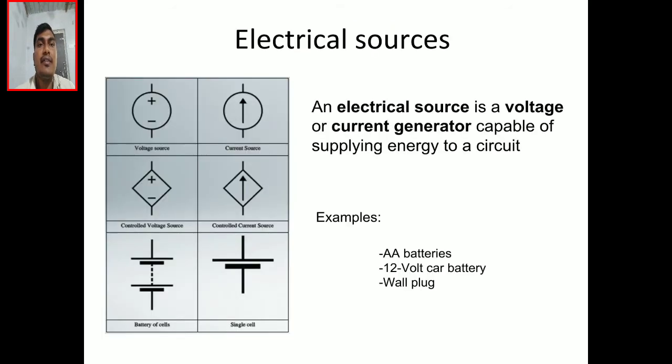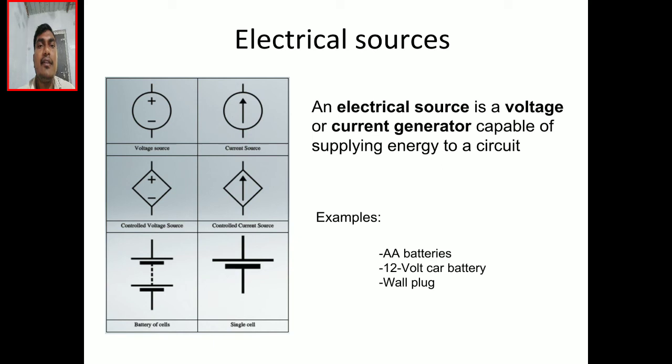So these are the symbols for the electrical sources. First one, DC voltage with plus and minus, is called a DC voltage source. The arrow symbol is a DC current source. Independent sources are indicated with a circle, and dependent sources are indicated with a rhombus.